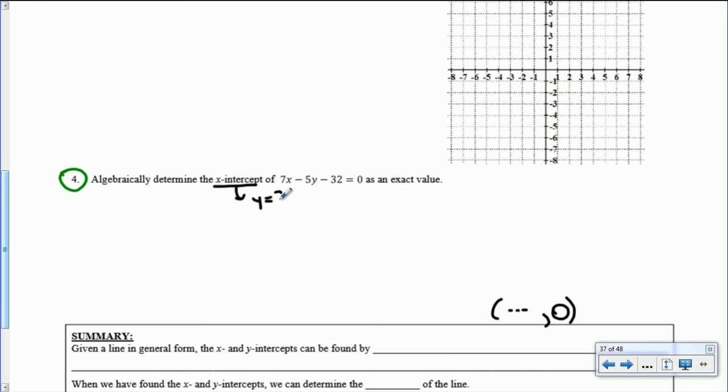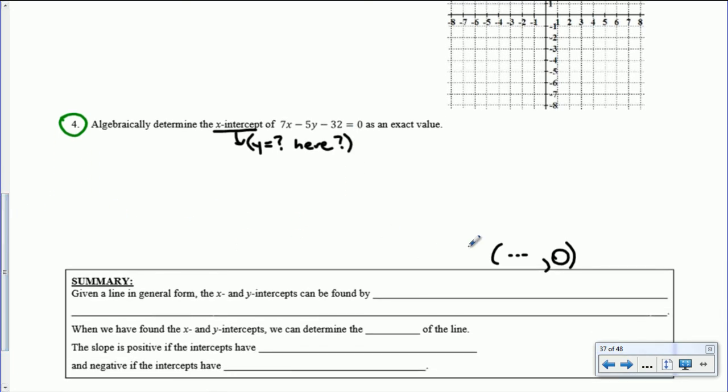So y equals what here? So there's your hint for that one. You should end up with an exact value, so not like 2.117 repeating or something like that. When it says exact value, it should be in a fraction form or integer.